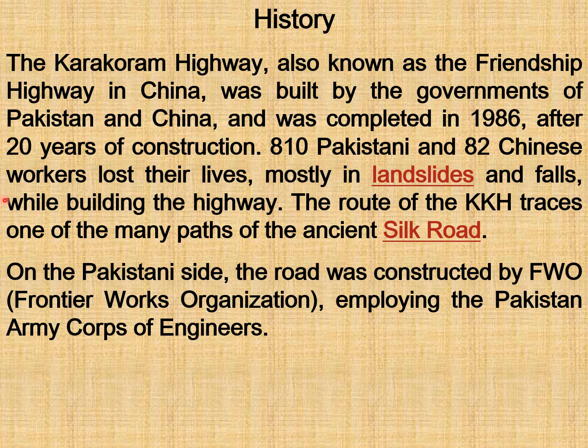The route of the KKH is one of the many parts of the ancient Silk Road. On the Pakistani side, the road was constructed by the FWO, Frontier Works Organization, employing the Pakistan Army Corps of Engineers.